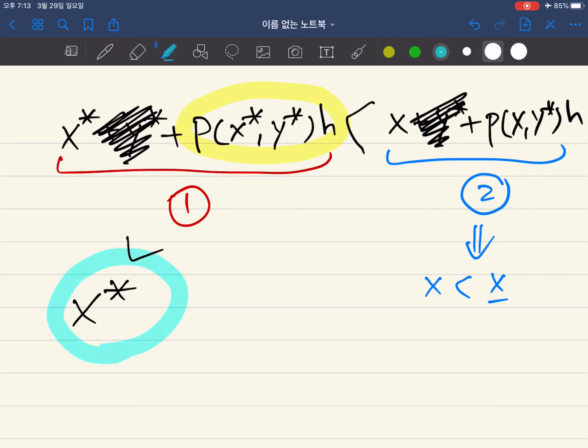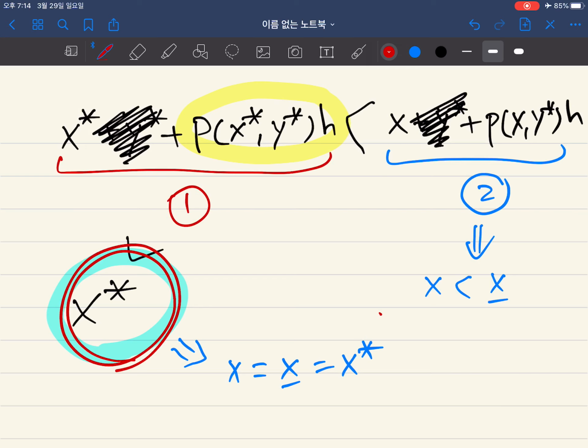So look at this blue expression. What is it? This is injurer's cost when injurer is choosing exactly due care, which is equal to X star. So therefore, for injurer, using this inequality, if injurer chooses due care, this is the cost.